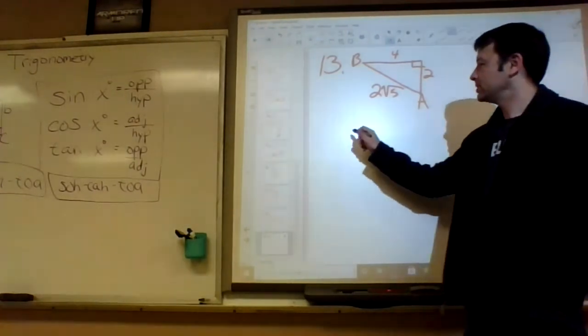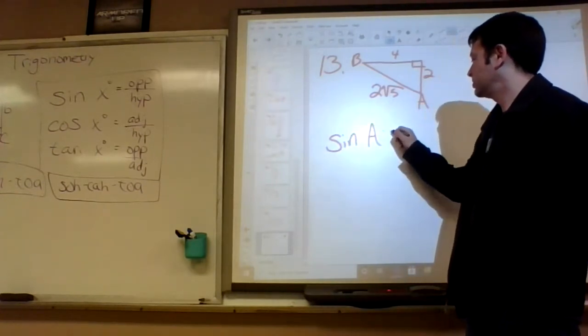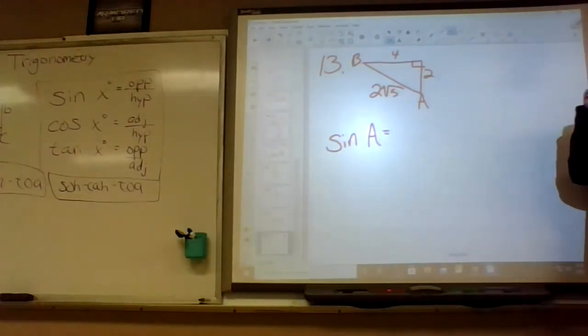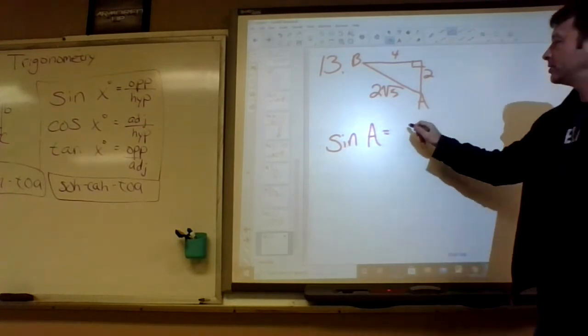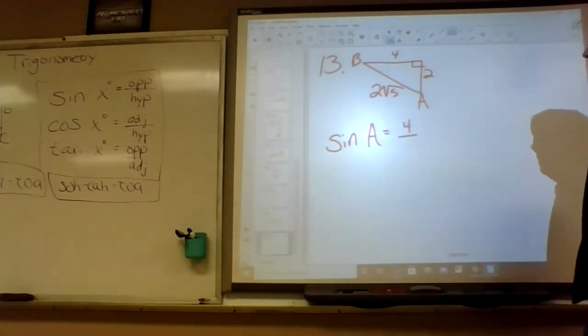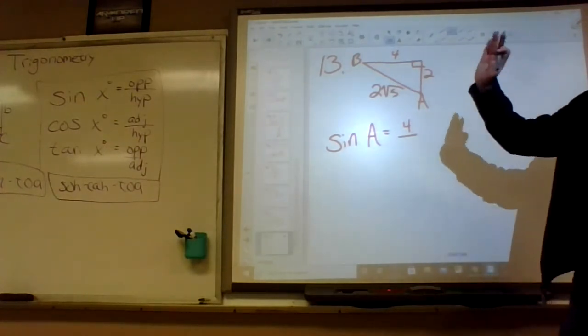Alright, here we go. Sine of A. So opposite and hypotenuse. Joseph, what is the opposite to angle A? 4. And what is adjacent to angle A? Or sorry, forgot what I was doing.